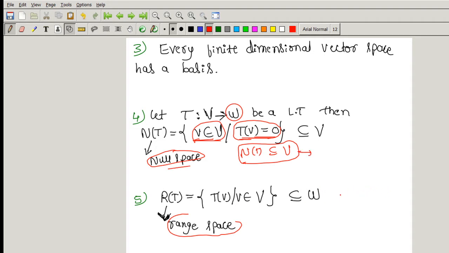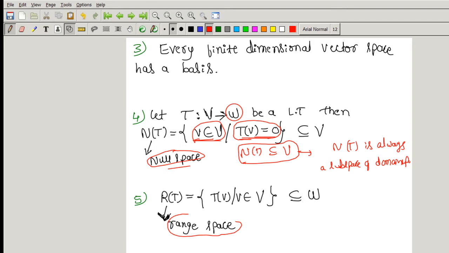The null space is always a subspace of the domain space.